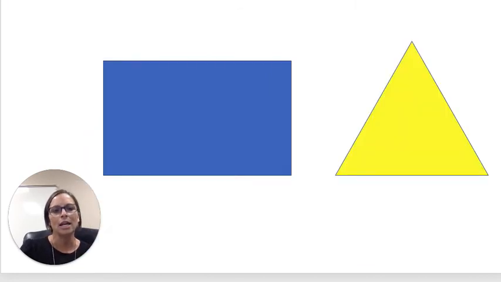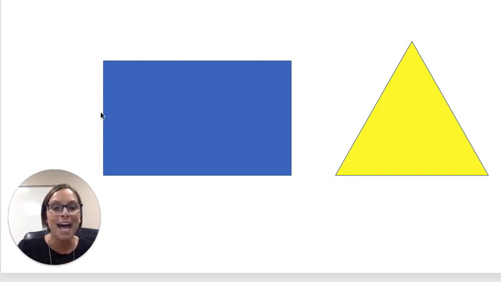Let's take a look at this rectangle compared to a triangle. Is there anything that's the same about them? I agree. They have straight sides and they have vertices. How are they different though?